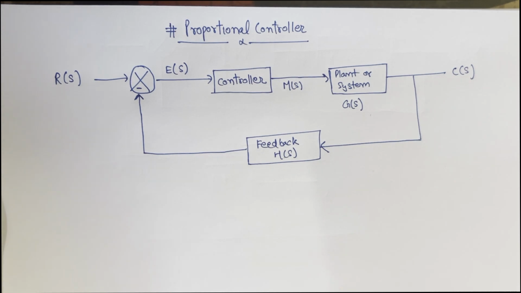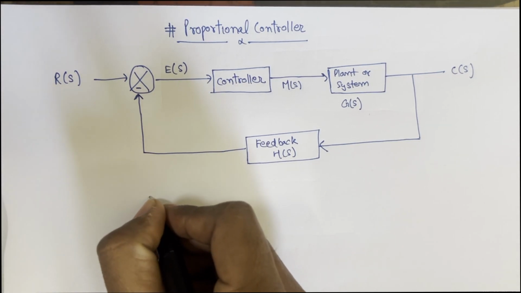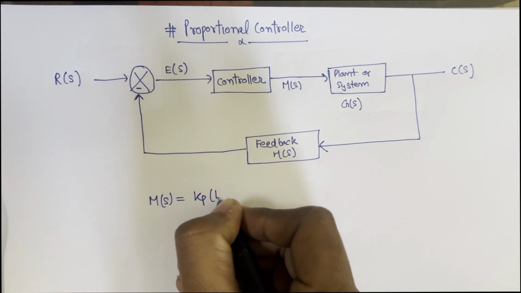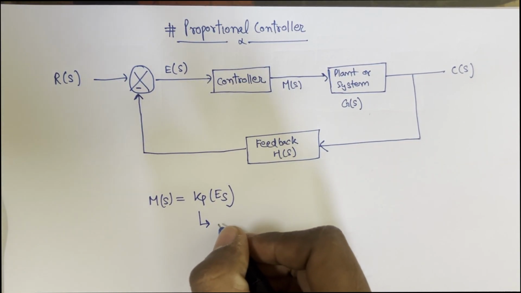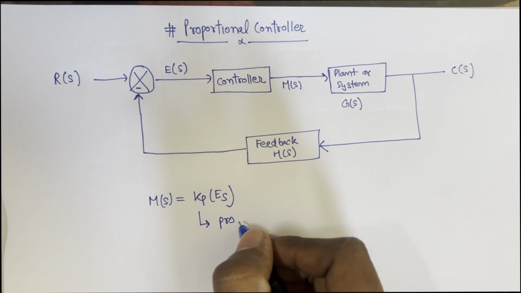In this controller, the output is directly proportional to the error. This means M(s) is equal to Kp into E(s), where Kp is the proportional controller gain, or we can say the proportional gain.